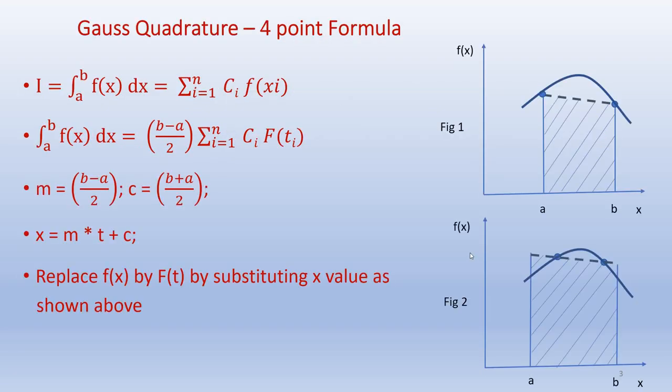The strategy for Gauss Quadrature is as follows. If you look at figure 1, we would like to find the area under the curve f of x. So we approximate it by drawing a straight line between these 2 points, the dotted straight line.